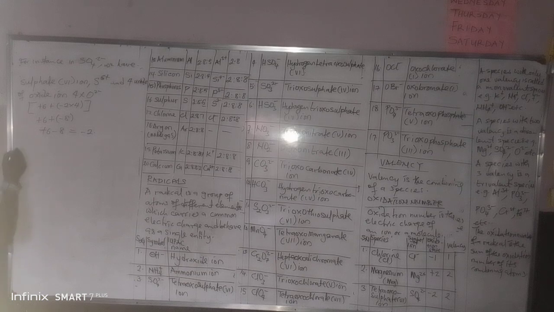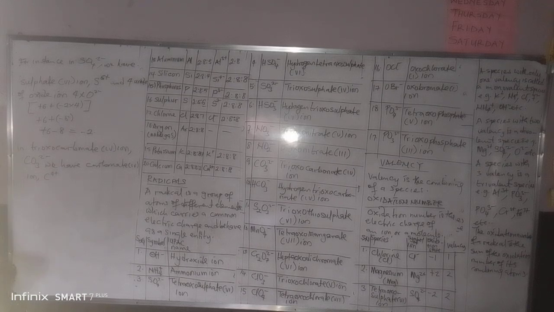Let's look at what about trioxocarbonate 4 ion, that is CO3 2 minus. Now we have carbon 4 ion, which is C4 plus.